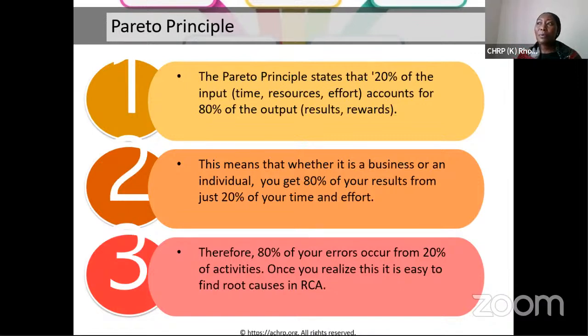As we look at the steps, you clearly define your problem, and you'll be able to see the biggest problem that we have.